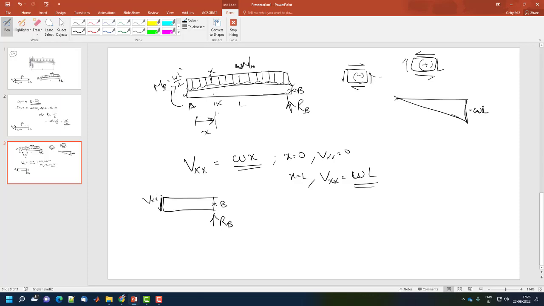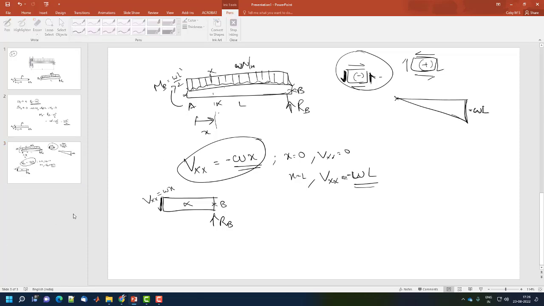So Vxx is equal to Wx. Relate this block with this block: you can see that Vxx is in the negative direction on the left hand side, and RB is here. So this Vxx is equal to minus Wx. I hope that is clear to you.